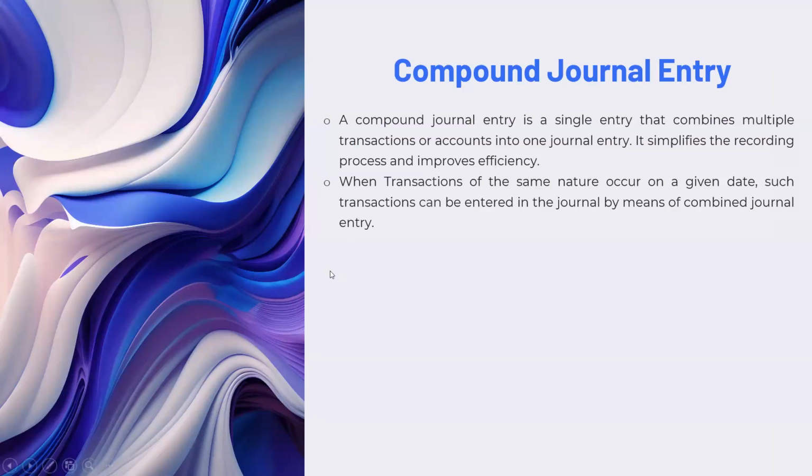Okay. So let's see what a compound journal entry is. It's a single entry that combines multiple transactions or accounts into one journal entry. And why? To simplify the recording process and to improve efficiency. It applies when transactions of the same nature, that is the same type, occur. Here, for the same nature, I have given an example: all cash transactions.